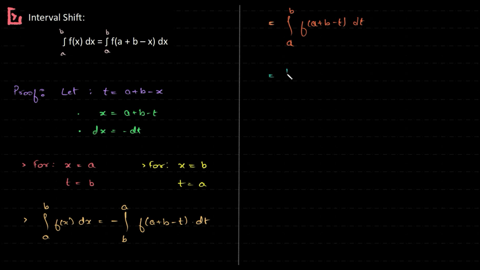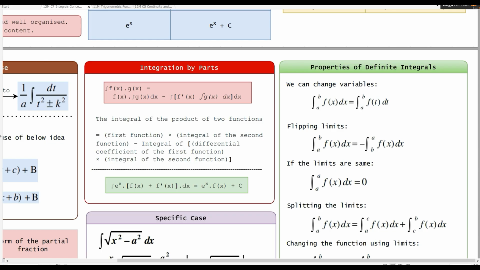And now finally, I'll change the variable. So I can use x in place of t, change of variable. This property, we have seen all of this before. I would like to show that. So this is the changing variable property. This is the flipping the limit property. I have different names now, so I'm calling it with different names, but these are not official names, by the way.